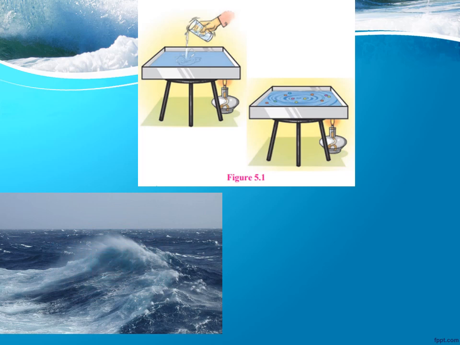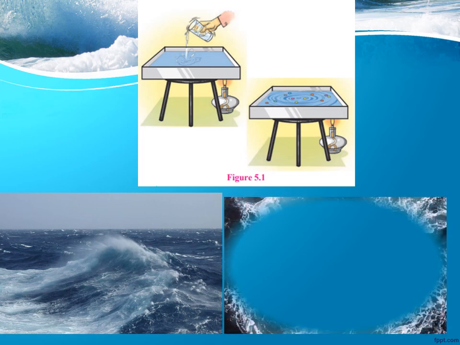Ocean current. An ocean current is a large stream of moving water that flows through the ocean. It is capable of moving large amounts of water to long distances.